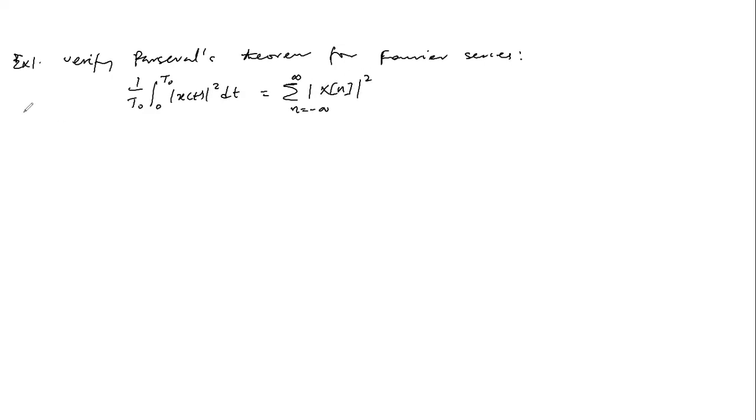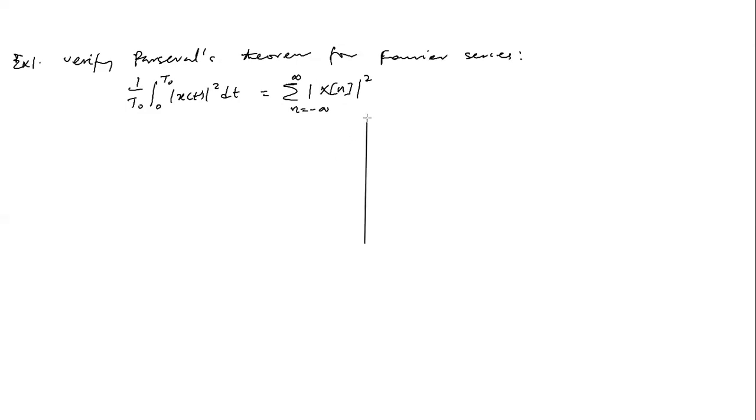Recall we gave 3 forms of Fourier series: the phase magnitude form, the trigonometric form, and the complex exponential form.